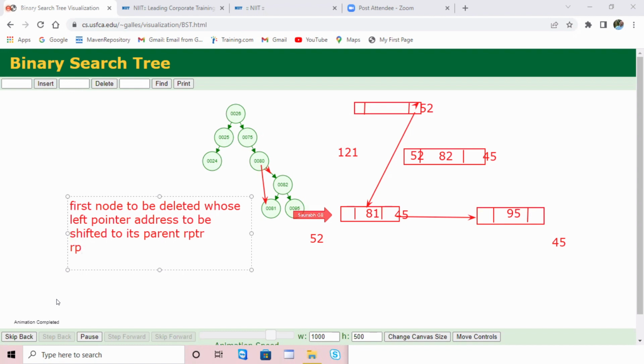Second, the RPTR, that is the right pointer of the deleted node, is given to the RPTR of the smallest child.